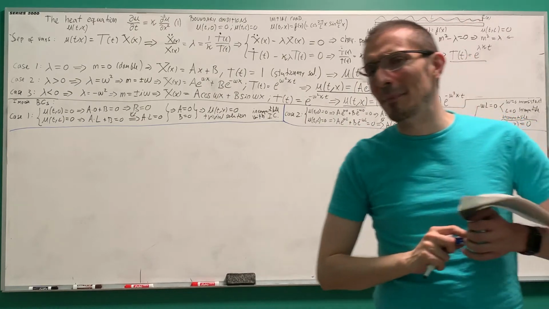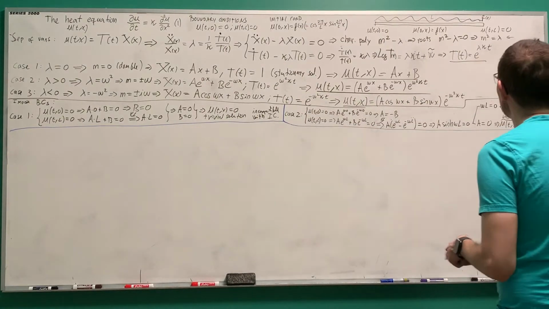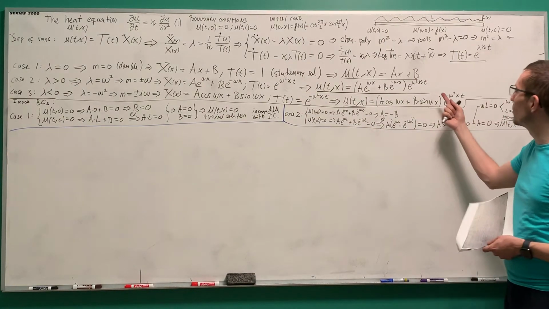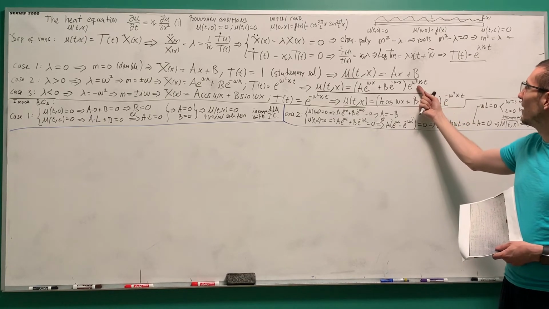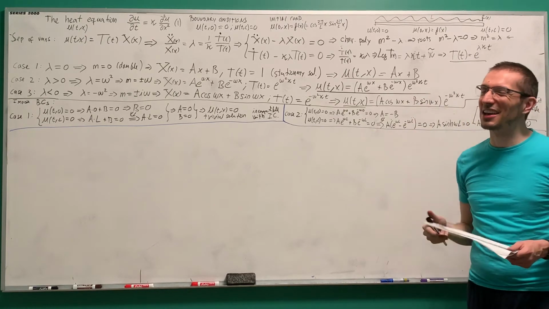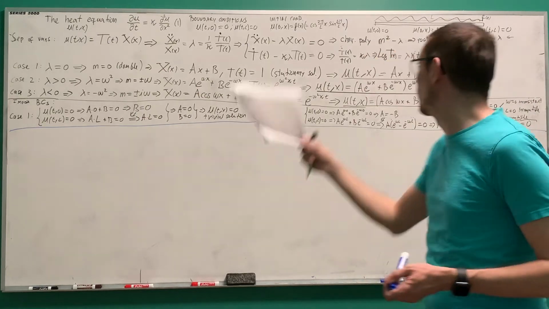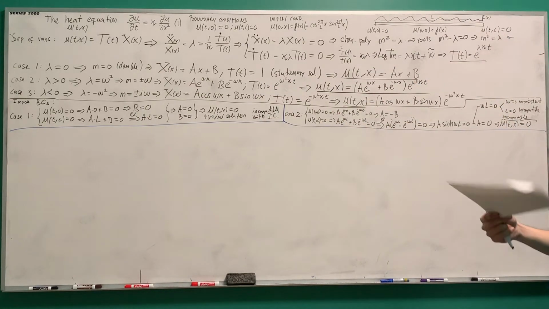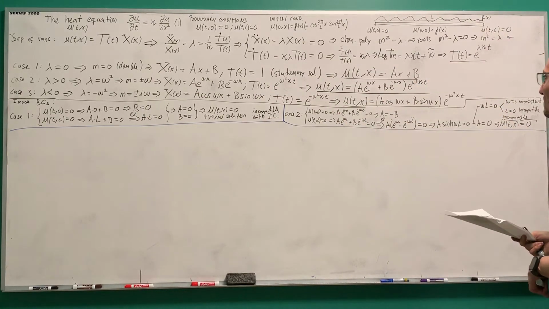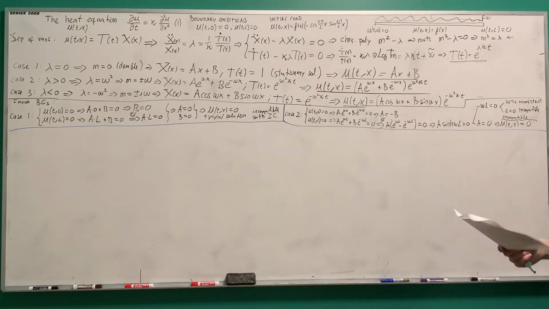Which physically makes sense. Maybe you would have anticipated it, because otherwise we would have gotten something that grows exponentially in time, and that is probably not very physical for the problem that we have at hand. There might be other problems where something like that is physical, not this one.